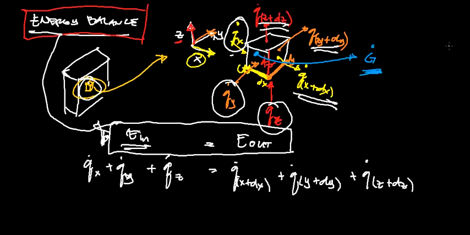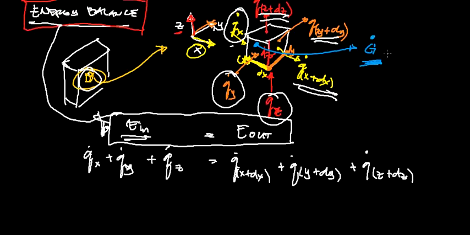So we have G dot, the total heat generation in the given medium or volume.